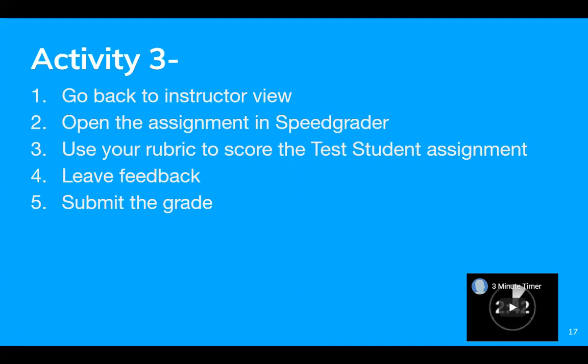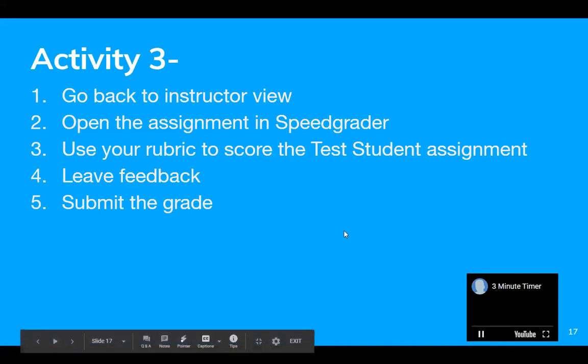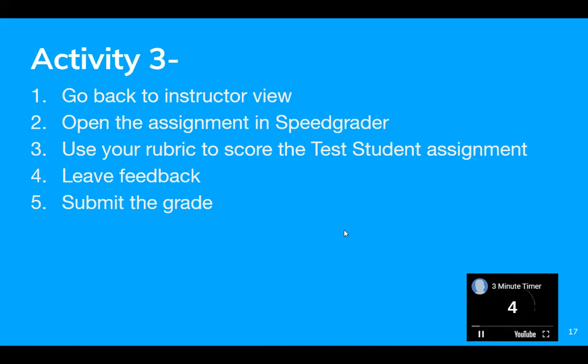You should have a test student assignment that you did. Again, at the bottom, be sure to leave feedback and submit. If you did your rubric the way I did, where we're using the rubric to grade, then it will submit the grade automatically, but you'll still need to click submit in order to submit any additional comments. So I'm going to give you 3 minutes to do that.